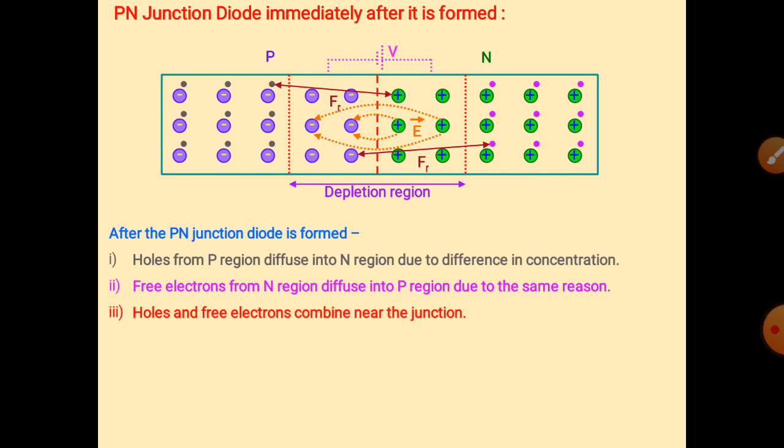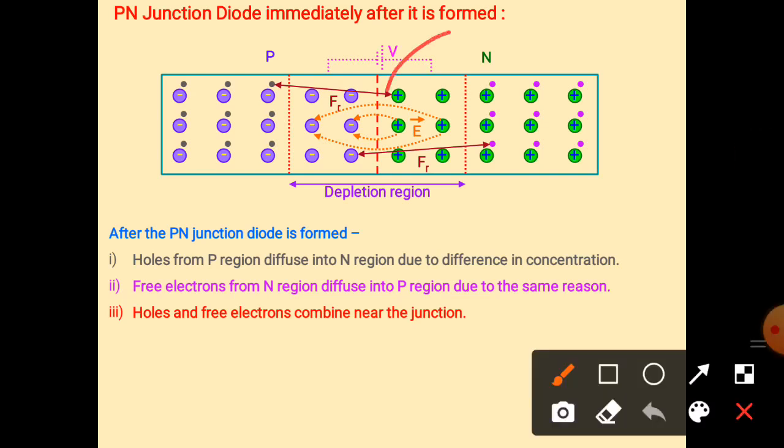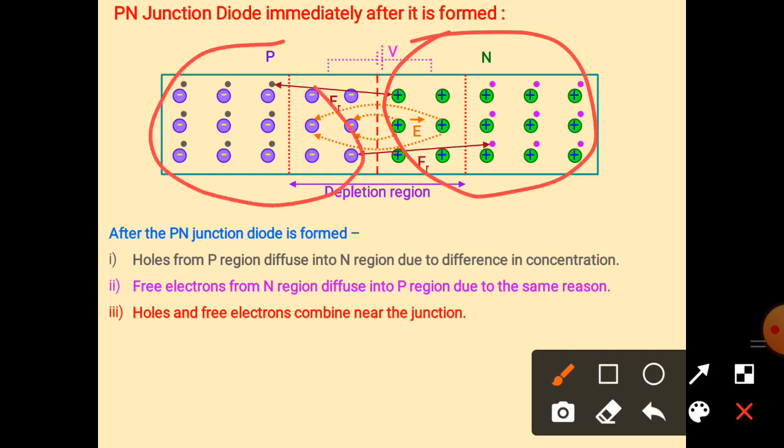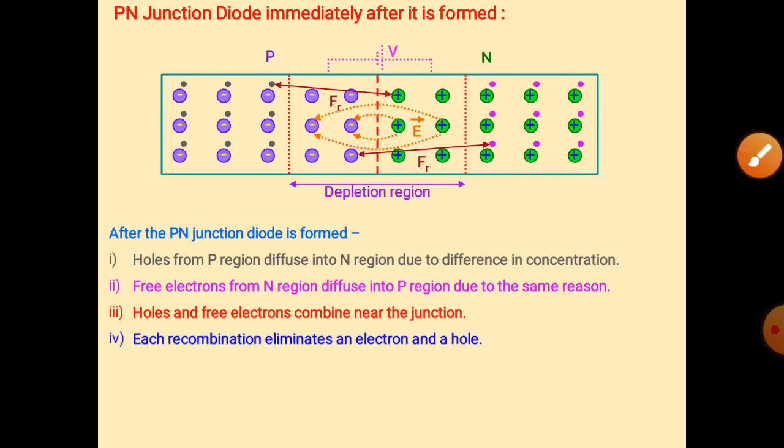Because N is always at a higher potential than the P type semiconductor, and because of that, electrons always move from higher potential to lower potential, right? Each recombination eliminates an electron and a hole. Electrons move towards holes, they recombine, and after that some particles are left neutral, right?